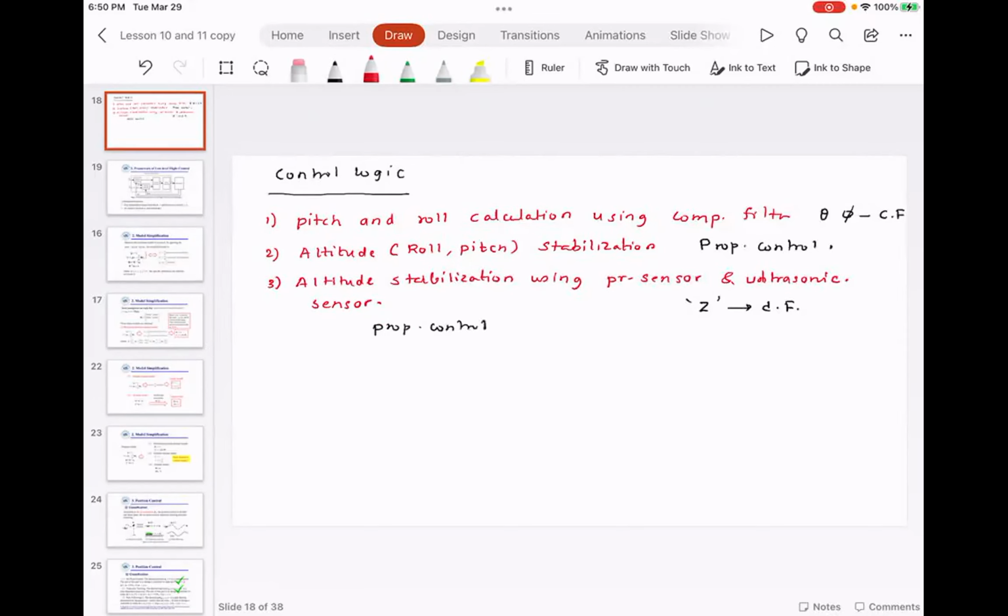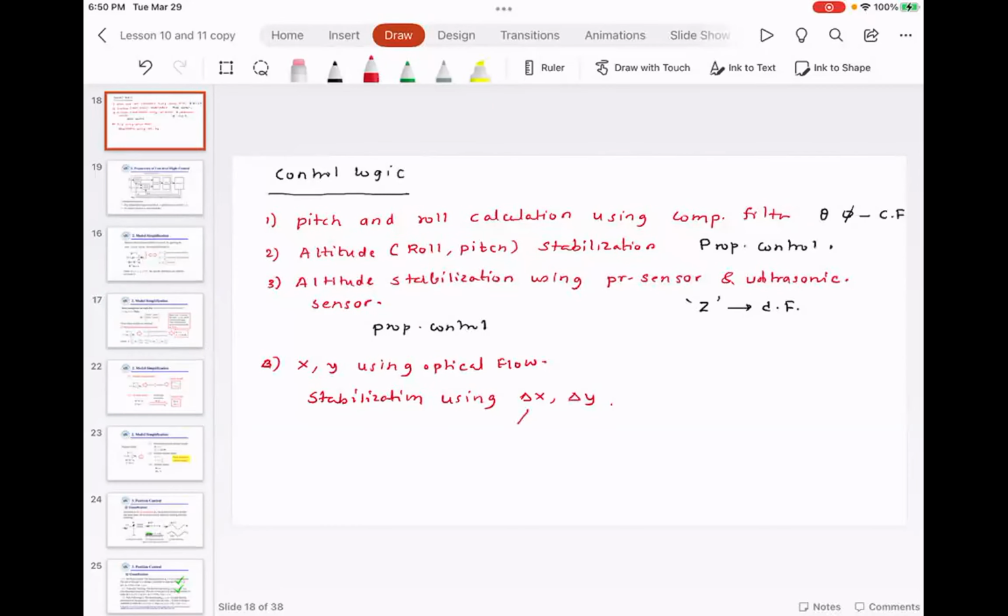Then next, you'll find X and Y using optical flow. And then stabilization using delta X and delta Y.